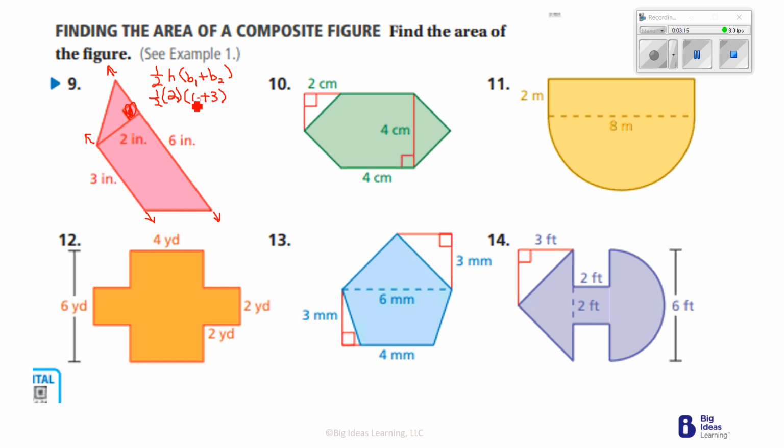All right, 6 plus 3, remember we're following PEMDAS here, parentheses first, that's going to be 9. And then I have half of 2, well, half of 2 is 1. And 1 times 9, well, that's going to be 9. So this is 9 inches square. All right, let's go on to number, there it is, 9 inches square.